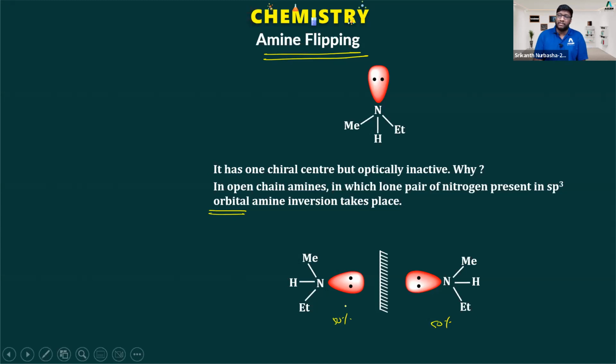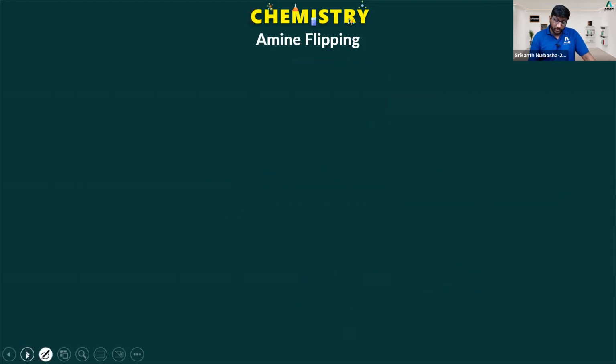So it resembles a racemic mixture. Although the amine has only one chiral center, due to immediate flipping the total amine exists as 50% D and 50% L. So it becomes like a racemic mixture which is non-resolvable. That is why it is optically inactive in nature.